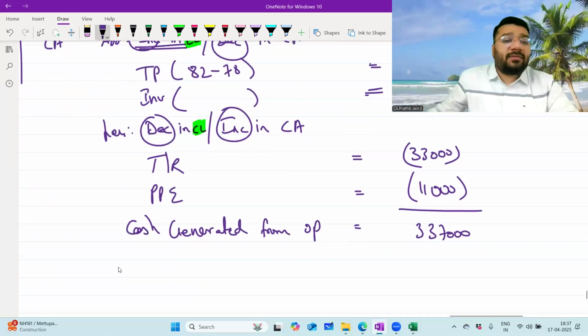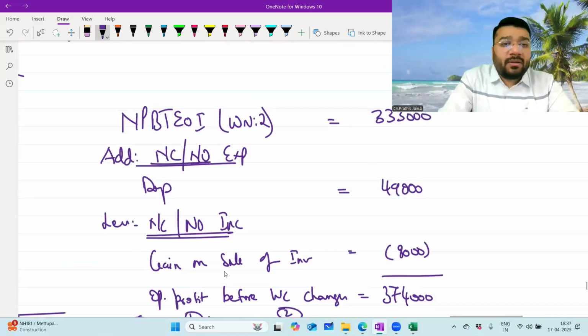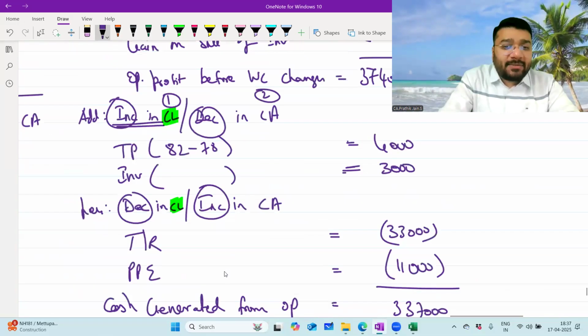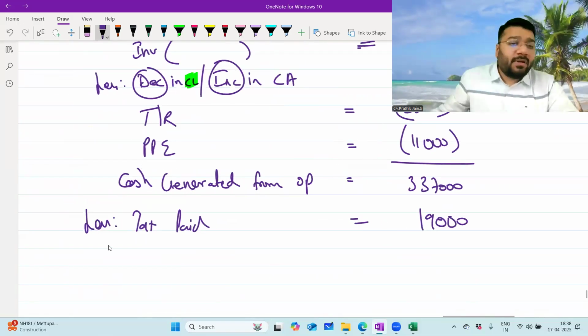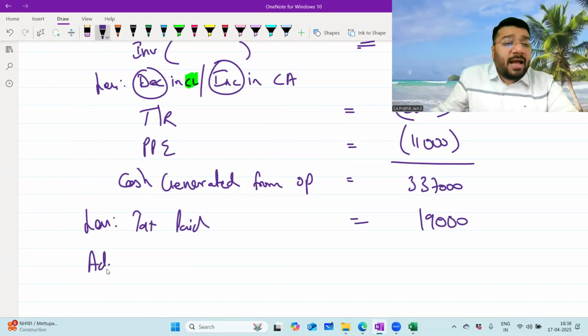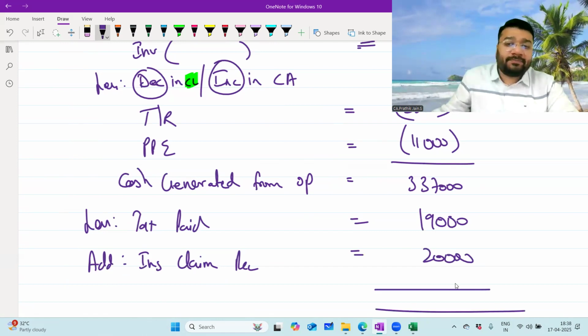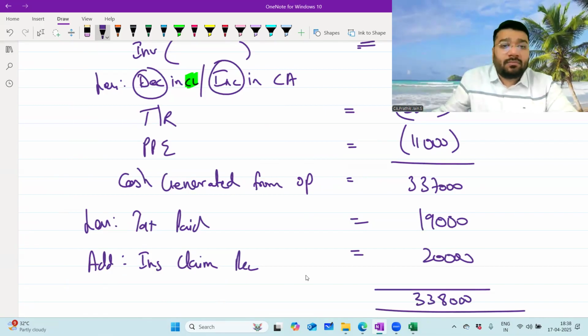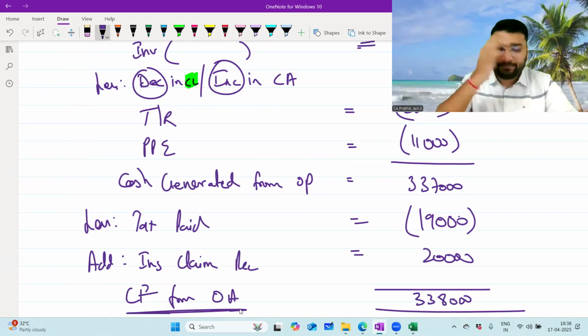Next, tax paid, 19,000. Any refund? No. Then extraordinary item: add insurance claim received, 20,000. Total is 3,38,000. This is called cash flow from operating activity.